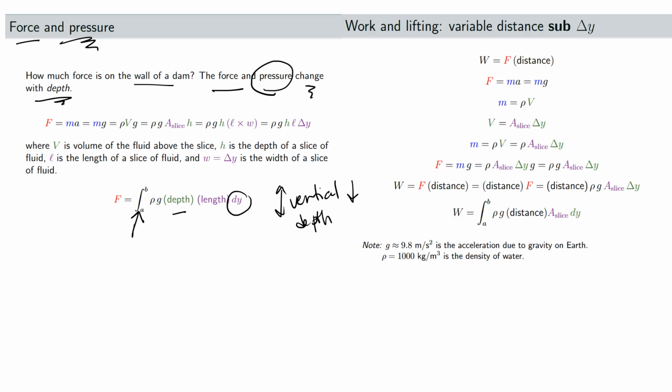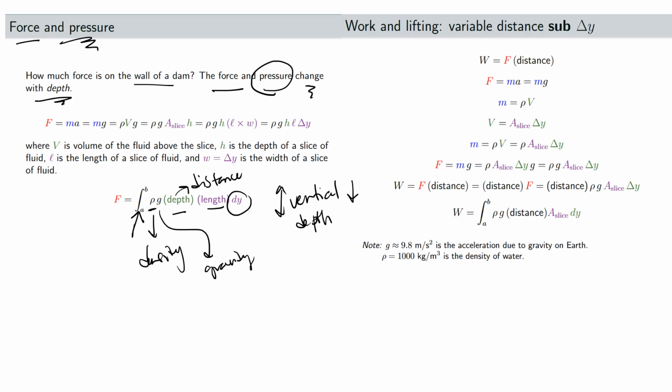When we want to find the force of something, we're going to see if we can identify what we mean by this rho notation. That just means your density. Then this g notation is going to be represented by gravity. Then your depth is kind of the same thing as saying your distance.